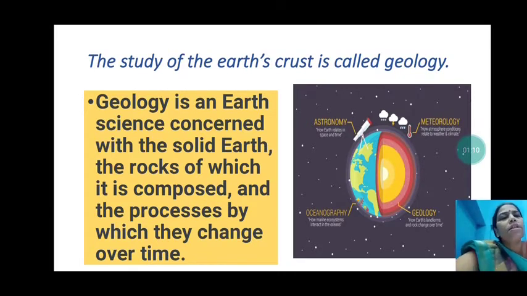The earth is made up of different types of rocks like the metamorphic rocks, sedimentary rocks, igneous rocks, and there are different processes which change it, like the earthquake, volcanic eruption, tsunami, and others. In geology, we study about everything that goes on earth.